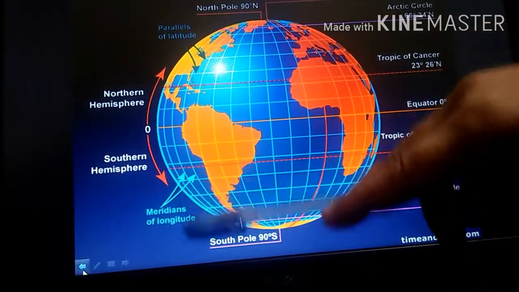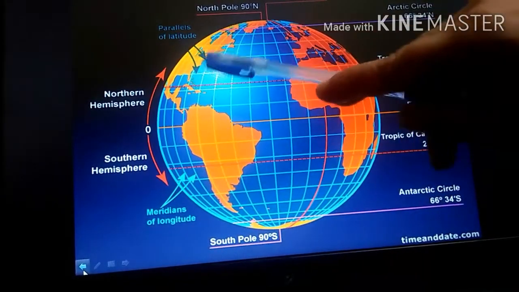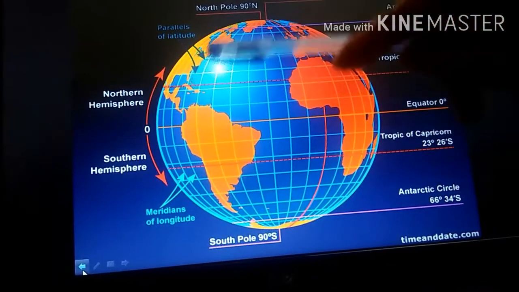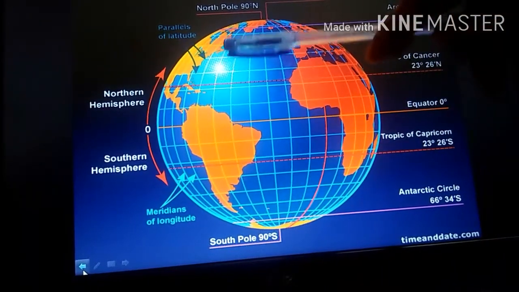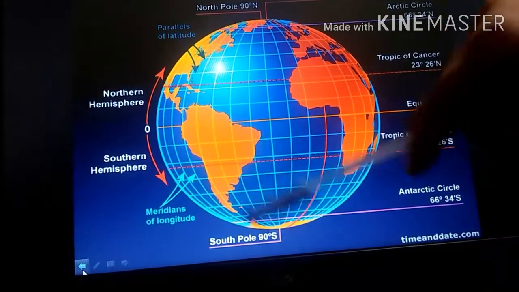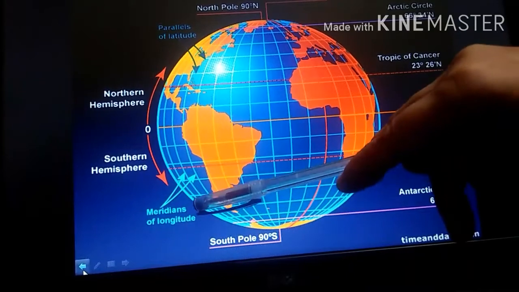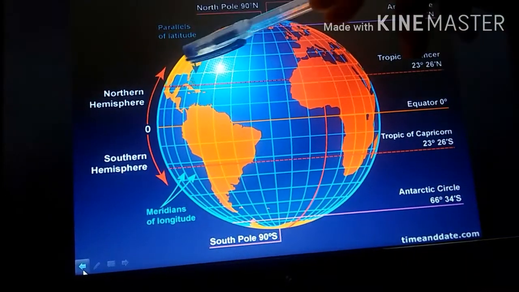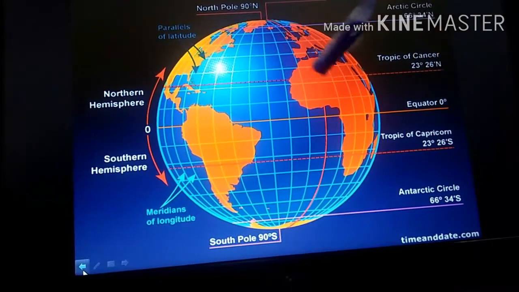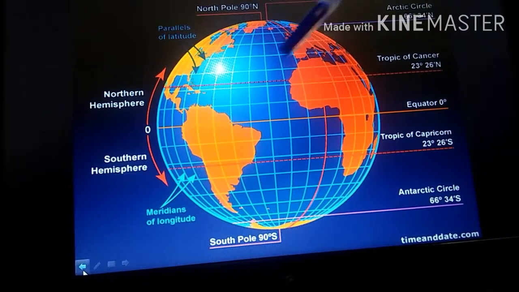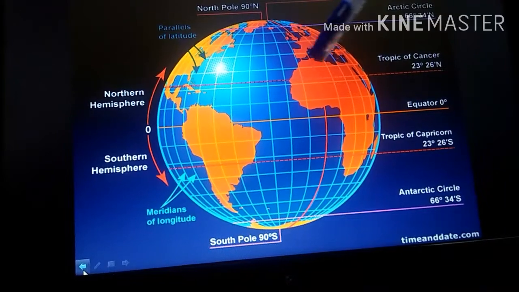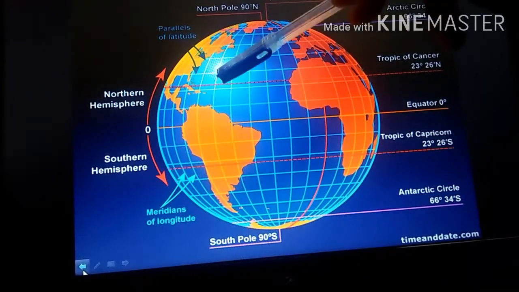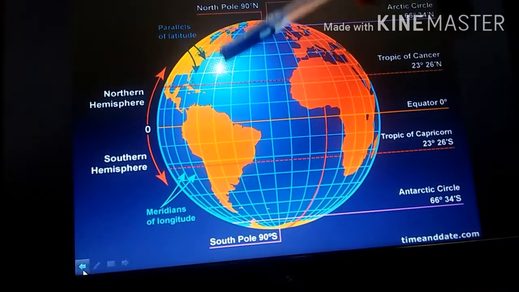The vertical lines are known as longitudes. What is the other name of longitude? Meridian. And latitudes are the horizontal lines. These horizontal lines are known as latitudes and they are parallel to each other.